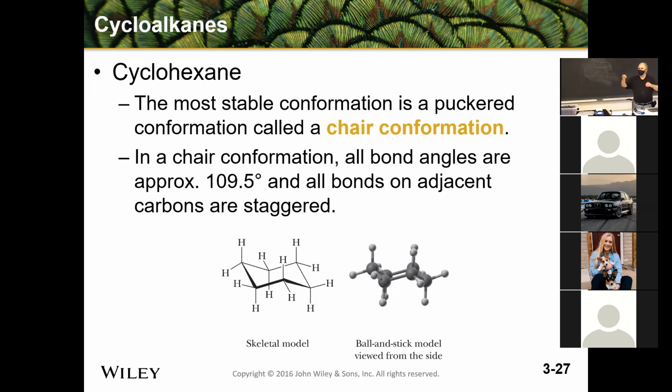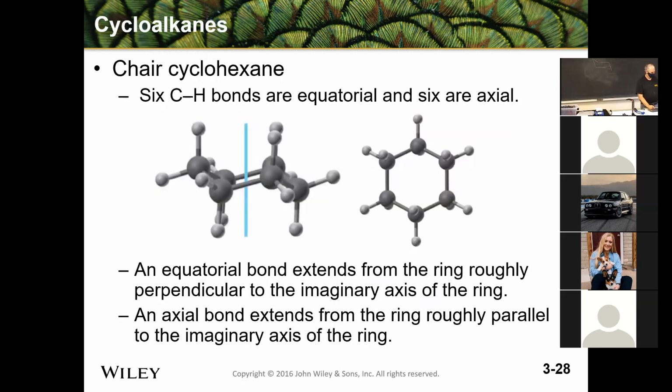You have continuous conversion of one chair to another at room temperature. And in the chair conformation, we can see that there's no eclipsing of the hydrogens. If we sight along this bond, none of the hydrogens are eclipsed.